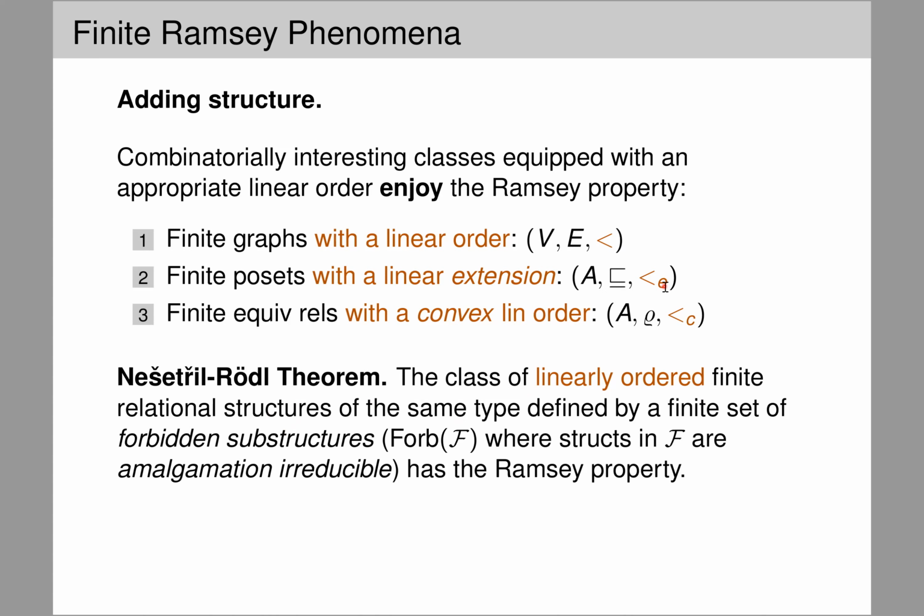That's the moral of the story. If we take a class of linearly ordered finite relational structures of the same type, defined by a finite set of forbidden substructures, which Nešetřil and Rödl denote by Forb(F), then this class has the Ramsey property. This is a well-known statement nowadays in structural Ramsey theory.